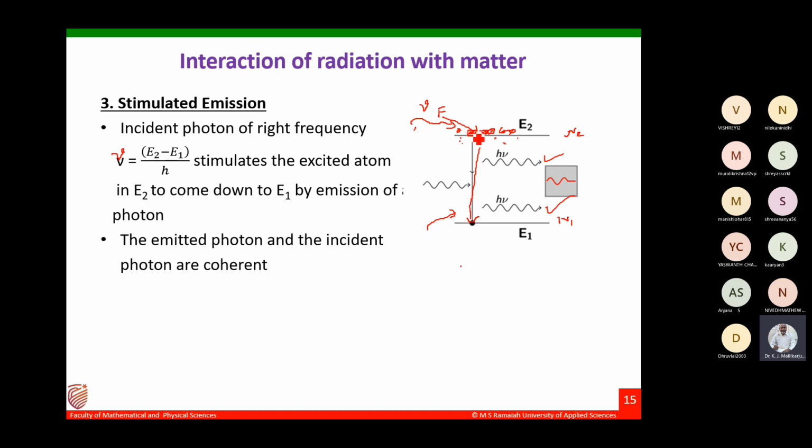The entire incoming photon's energy is absorbed by this atom present in the higher energy level and it jumps to the lower energy level. Whenever it jumps to the lower energy level, naturally there is an energy difference, E2 minus E1, already gained by the atom. On top of that, the incoming photon's energy or frequency is exactly equivalent to nu.